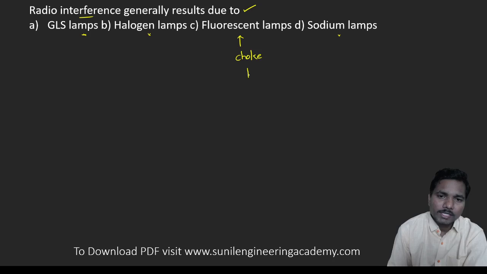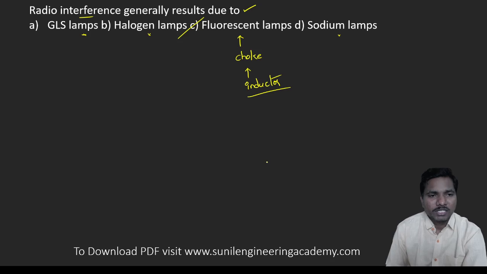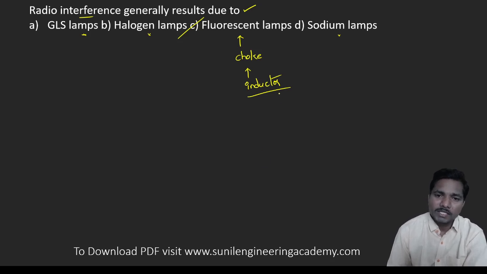Choke is nothing but an inductor. So in fluorescent lamps there is a chance of radio interference. To avoid this, we connect a capacitor.